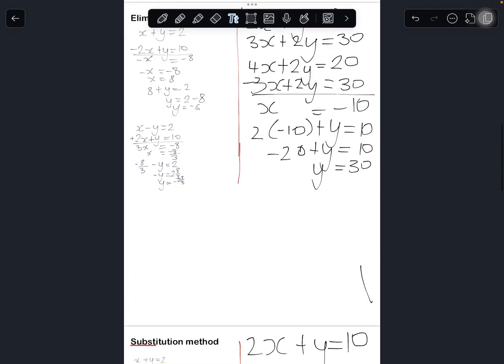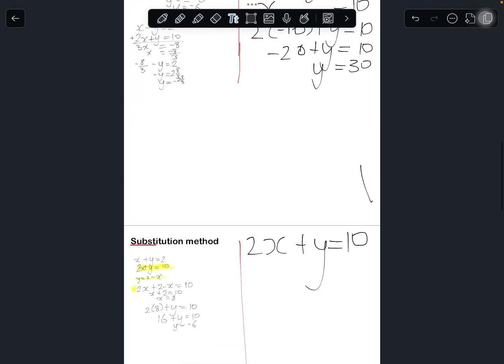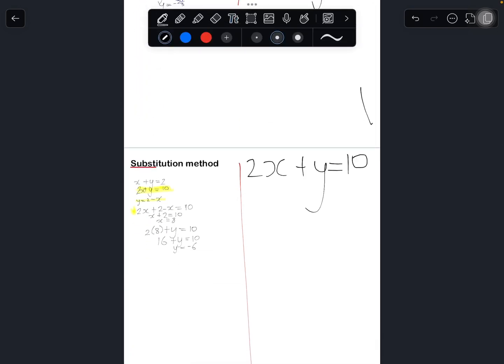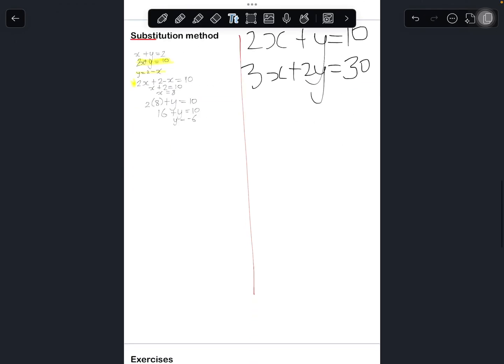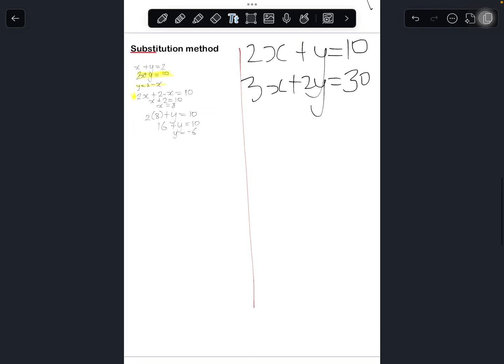Okay, and then we had 3x plus 2y equals 30. When doing the substitution method, I would always look for where I have a variable with a coefficient of 1.